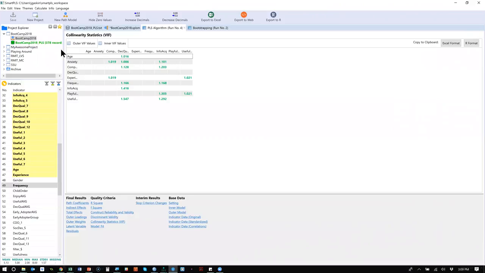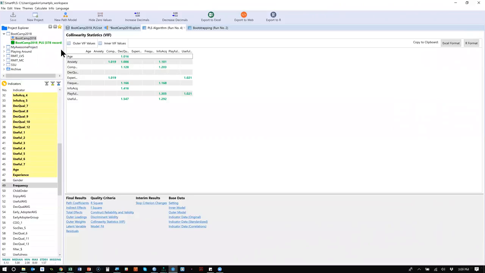So why do we check for multicollinearity? Good question. For those remote who didn't hear that, there's a difference between VIFs for the construct and VIFs for the model. The inner VIFs are between constructs. We have to check that for multicollinearity to make sure we don't have an inflation of R square.